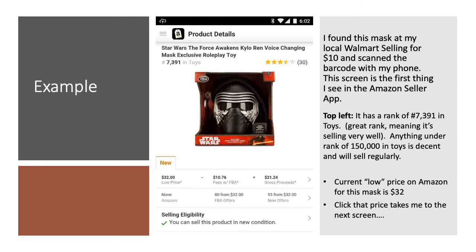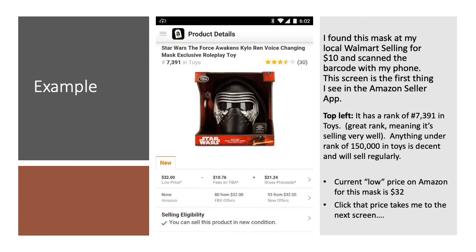If you look at the top left, you'll see it has a number, 7,391 in toys. That's known as sales rank on Amazon, and the lower that number, the better it's selling. So on Amazon.com in the US, anything with a rank of 150,000 or less is a decent rank, meaning it'll sell fairly regularly. The fact this was 7,391 meant this was a pretty hot item.